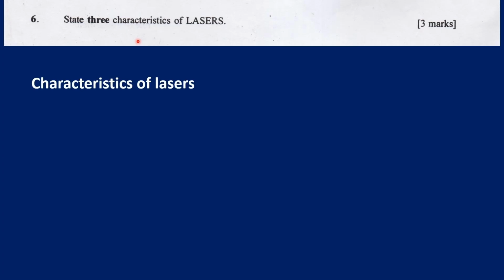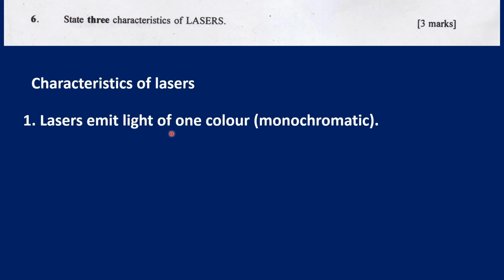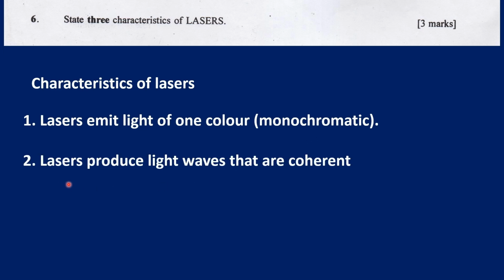And lasers have the following characteristics. 1. Lasers emit light of one color, that is, they are monochromatic. Lasers produce light waves that are coherent.